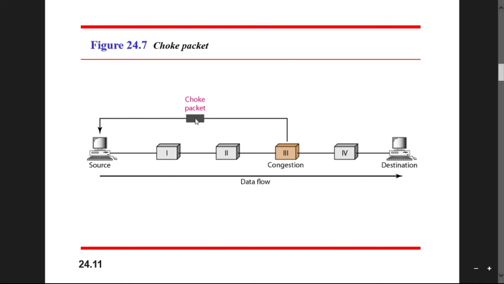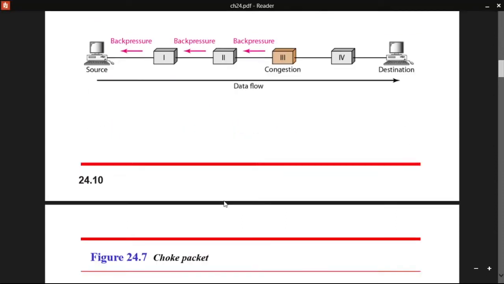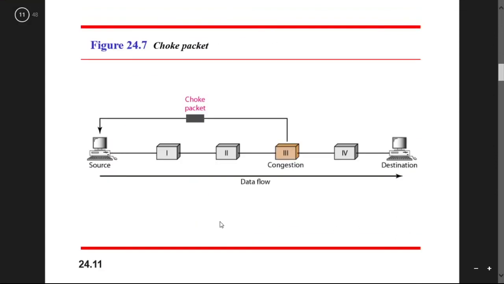This packet has the information that the third node has congestion, and this information is sent to the source. In the choke packet, the message is sent directly from the congested node to the particular source node.